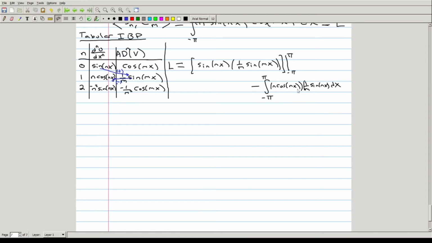So we do an integration by parts on this expression right here. Your u is going to be this, and your dv is going to be this term right here, which is going to give you something that we can work with. And what's nice about the tabular method of integration is you don't even have to go through this step initially.